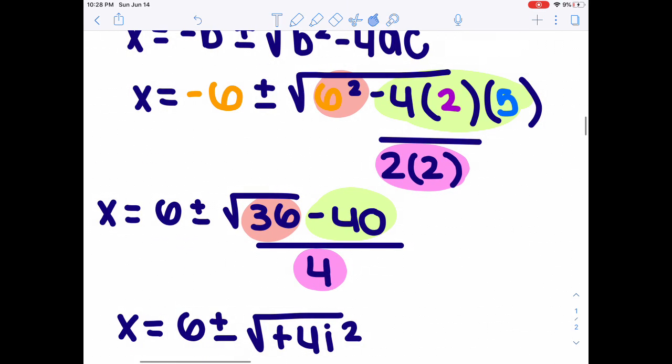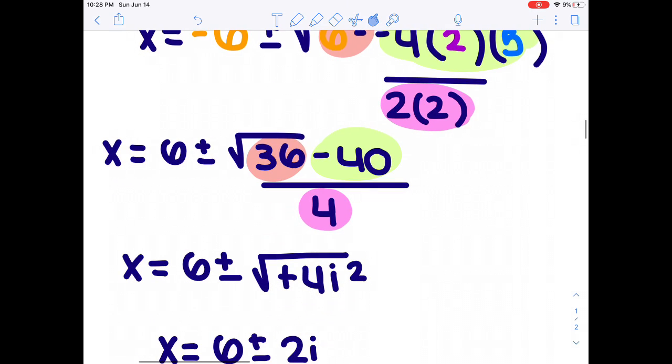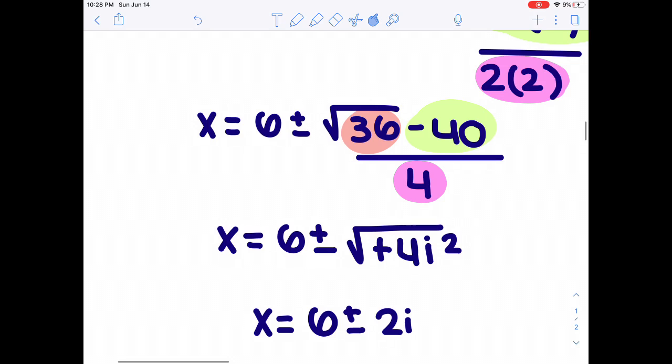So once you substitute the numbers in, you see that 6 to the second power is 36, and negative 4 times 2 is negative 8 times 5 is 40, negative 40. So that's where you get x equals 6 plus or minus the square root of 36 minus 40, over 4.